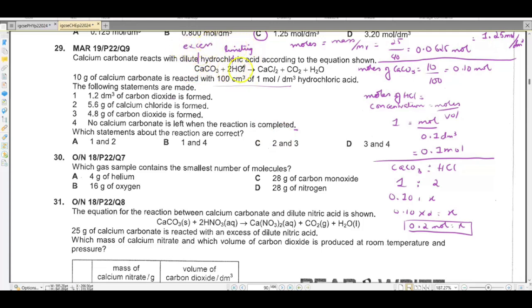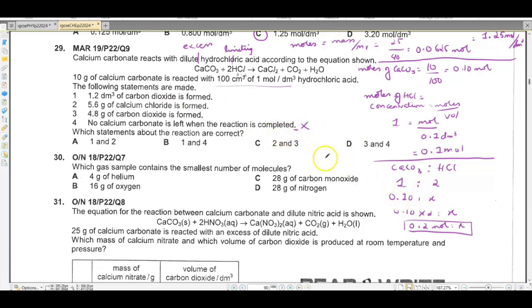We don't have enough HCl to completely use up the calcium carbonate in the reaction. So the first thing we found is that the statement 4 is not correct, because this would have only happened if 0.2 moles of HCl were present. It requires 0.2 moles to completely get used in the reaction. Okay, we don't have them.